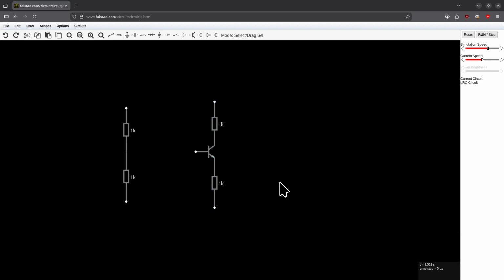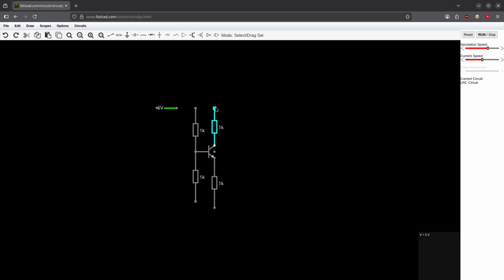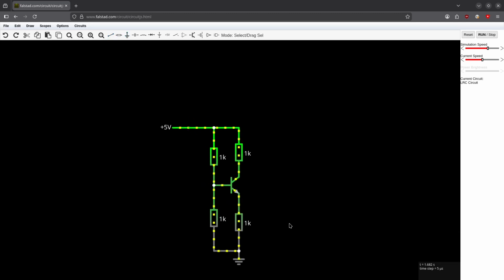So this is a gain of 1, which is not very helpful, but for demonstration purposes, we'll start off just doing that. And this here is to bias the transistor. So I will draw this, connect it up, and then we can work on actually designing this circuit.